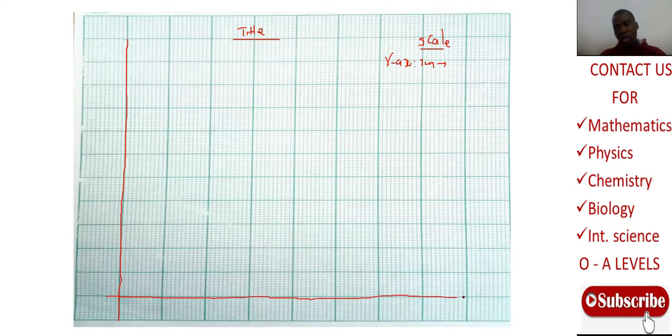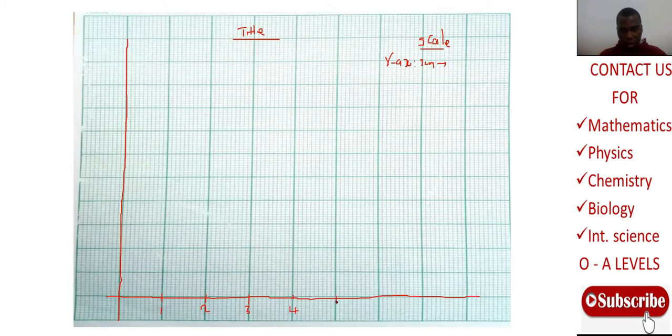You draw your x-axis like that. Then the next thing now which you notice is you are going to be saying this one. Let's see, this is 1, 2, 3, 4, 5, 6, 7, 8. Okay, so here on the x-axis 2 centimeters will represent 1. So this is 1, 2, 3, and this one will be 4.